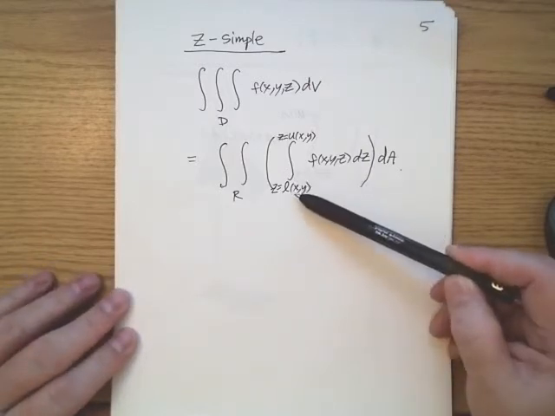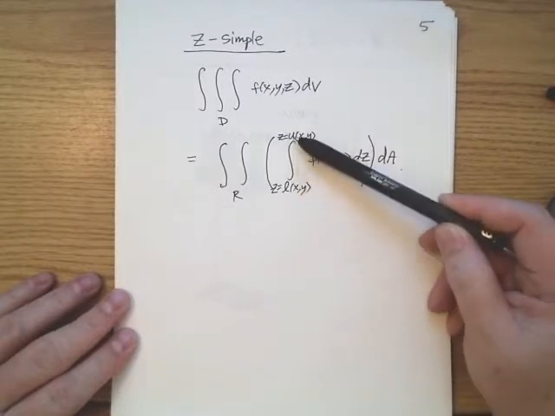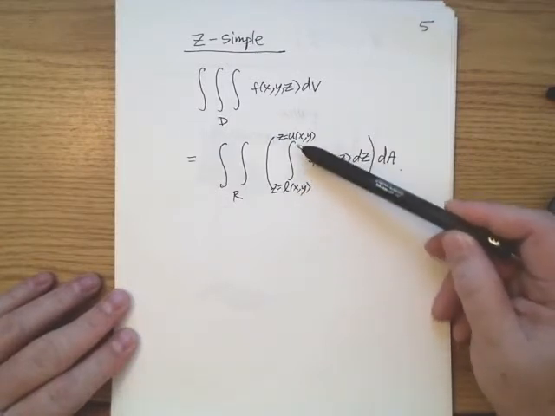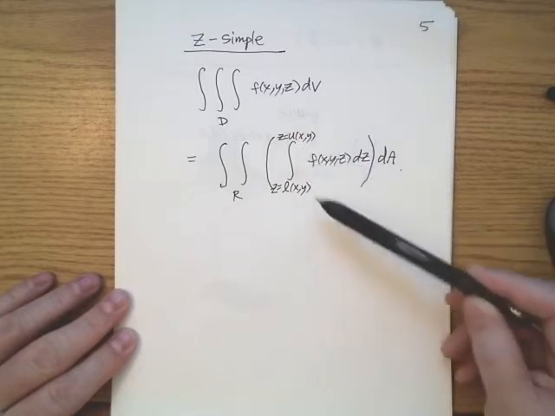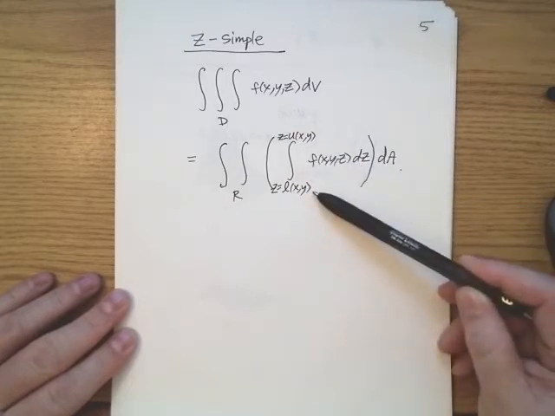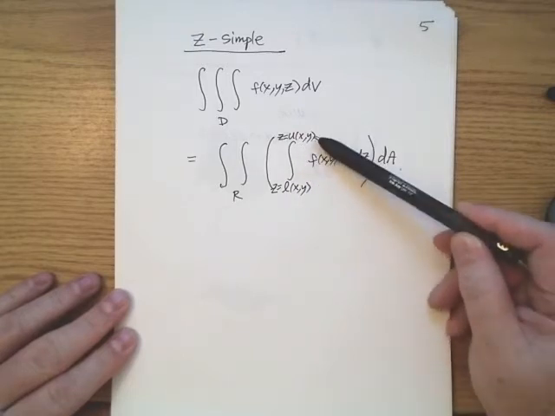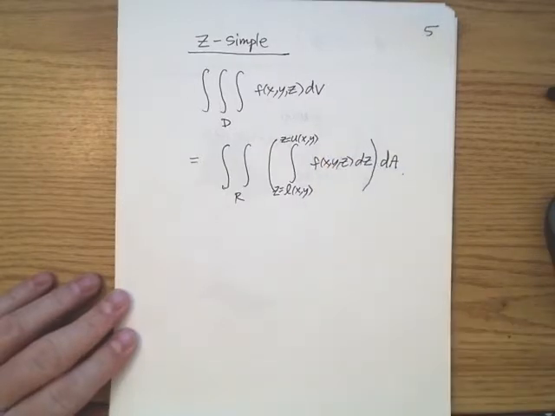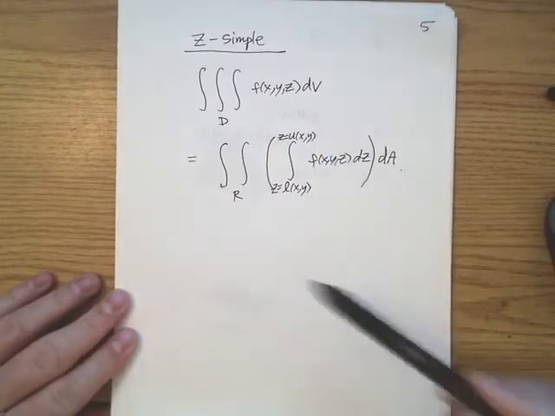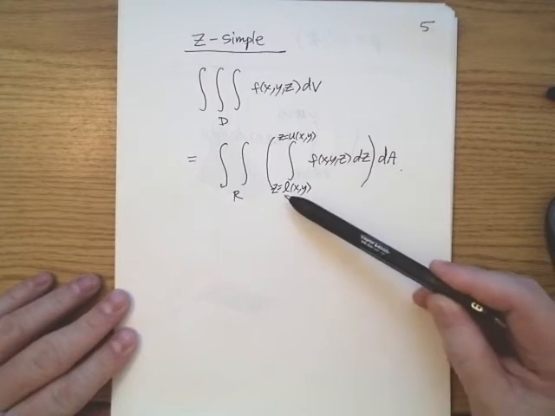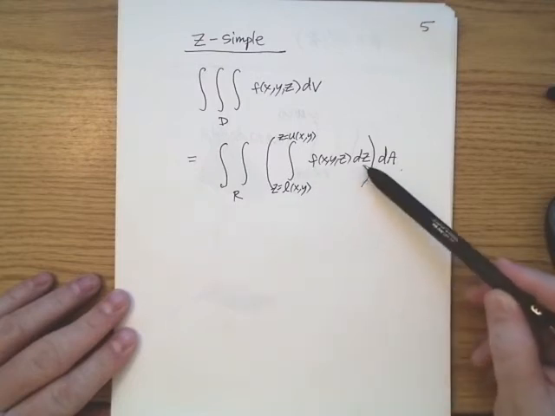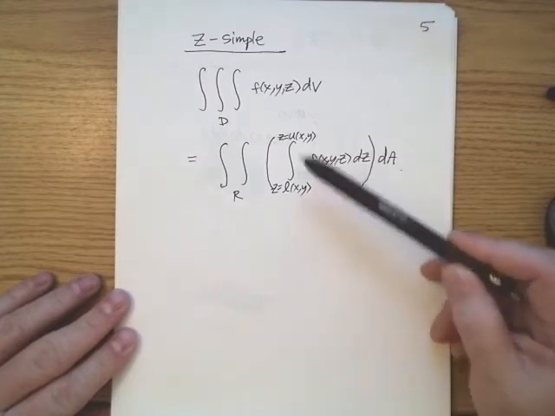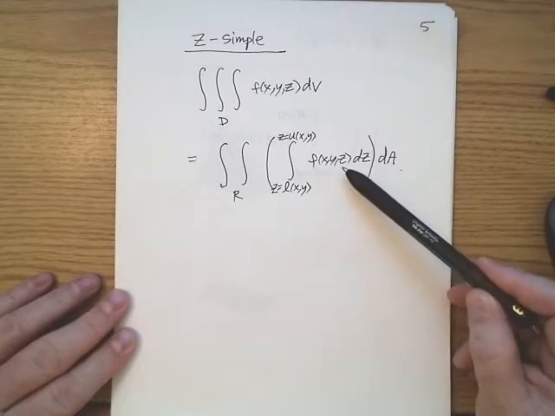The region is such that over that region R of the xy plane, z is bounded between 2 functions of x and y. I call this one the lower function of x and y and the upper function of x and y. So that when we use Fubini's theorem and an iterated integral, the first thing we will do is integrate with respect to z going from L to U of f of x, y, z.